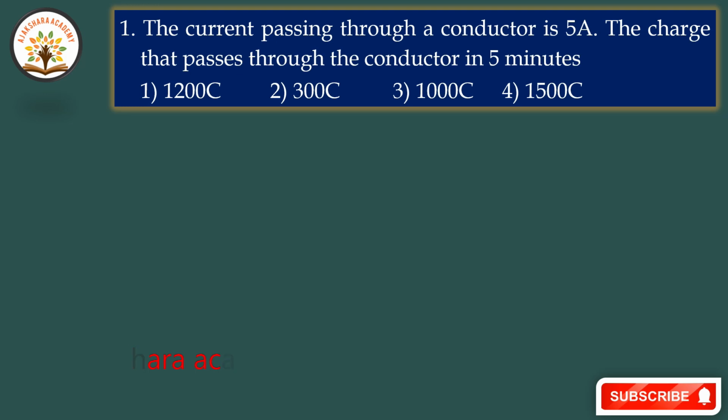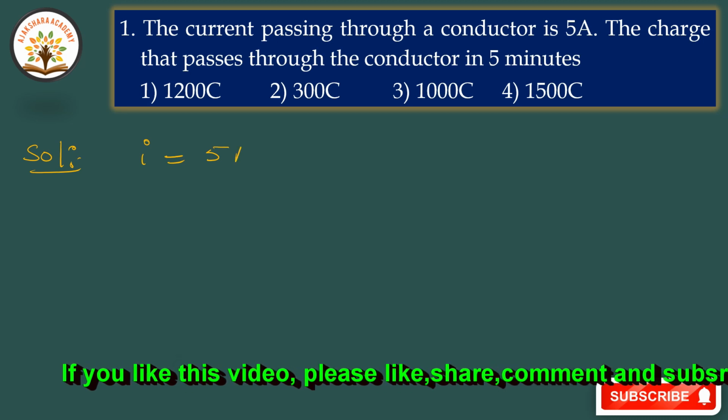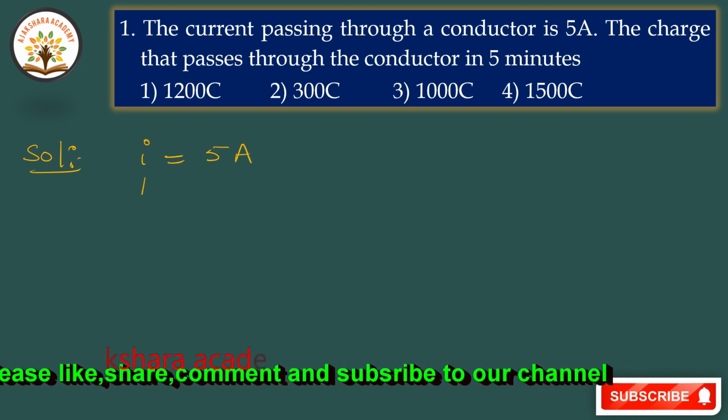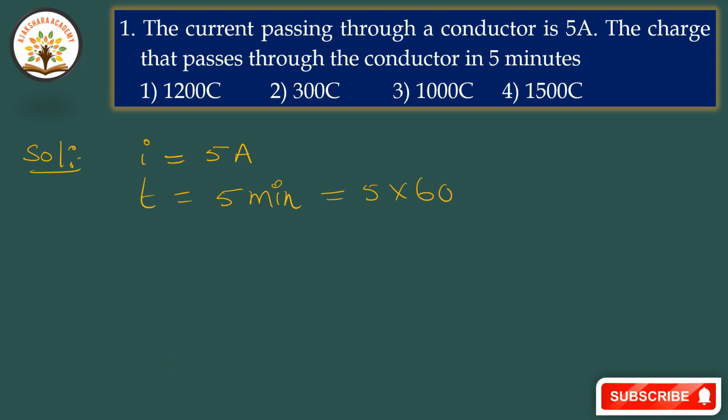Given current I is equal to 5 amperes and t is given as 5 minutes. Converting into seconds, multiplying with 60, 5 into 60 is 300 seconds. Next, charge we have to calculate.